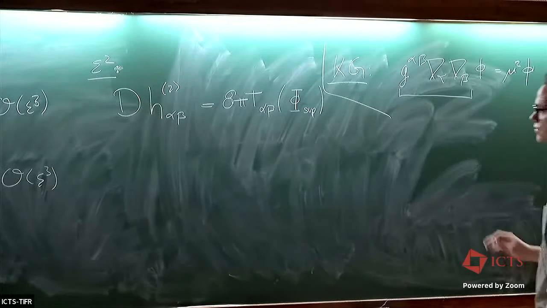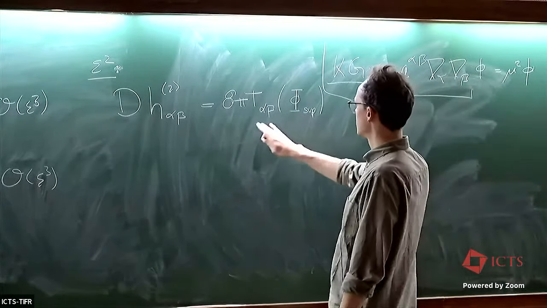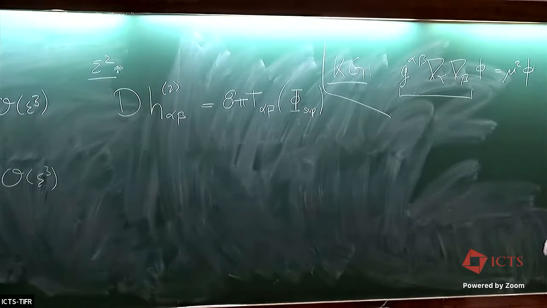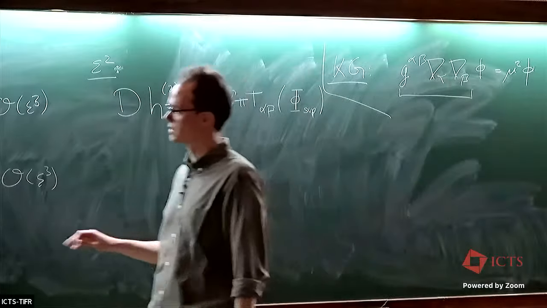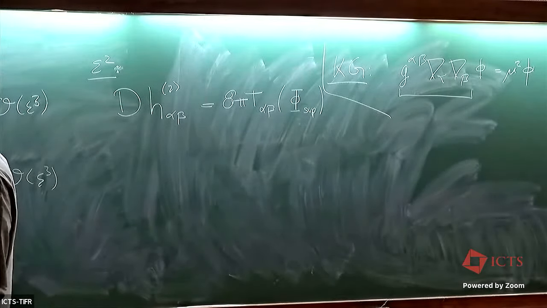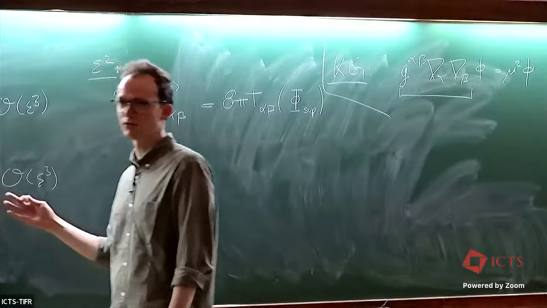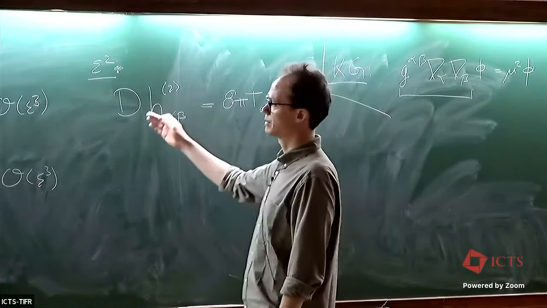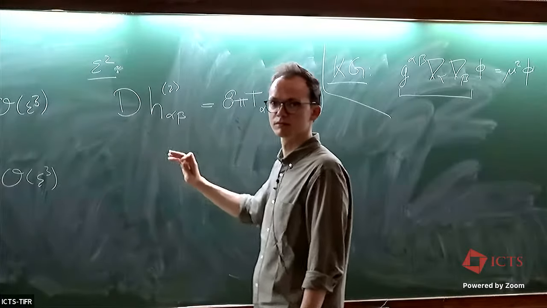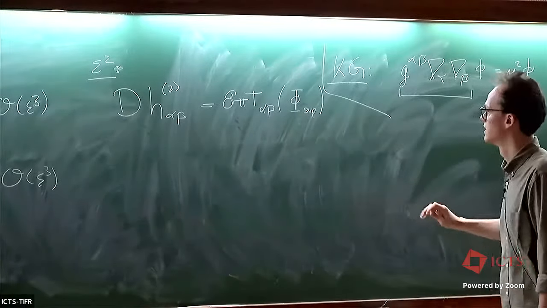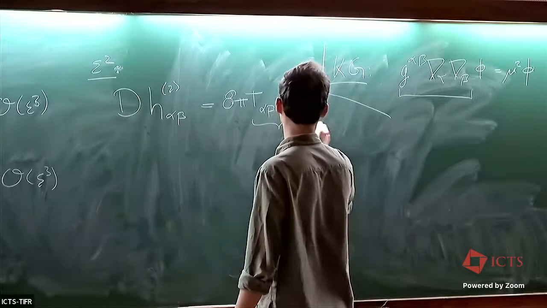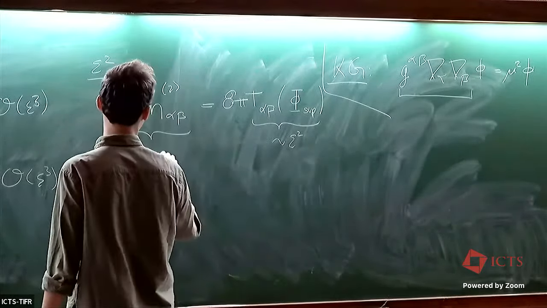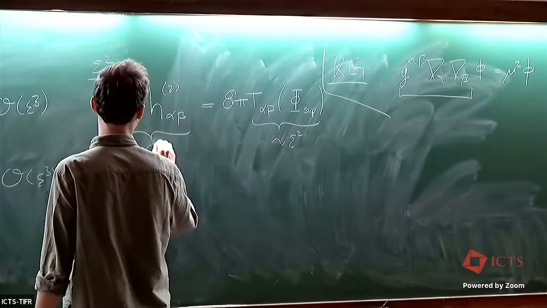The reason is that T alpha beta is quadratic in the scalar fields, and therefore the square of our linear perturbations, which are of order epsilon squared, will enter in the source for our epsilon squared metric perturbations. So basically this is order epsilon squared, and this is, by construction, order epsilon squared.